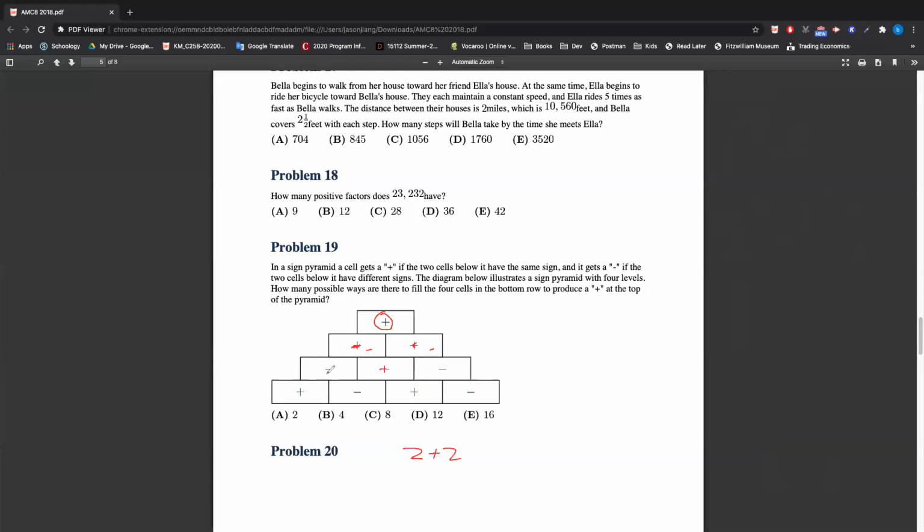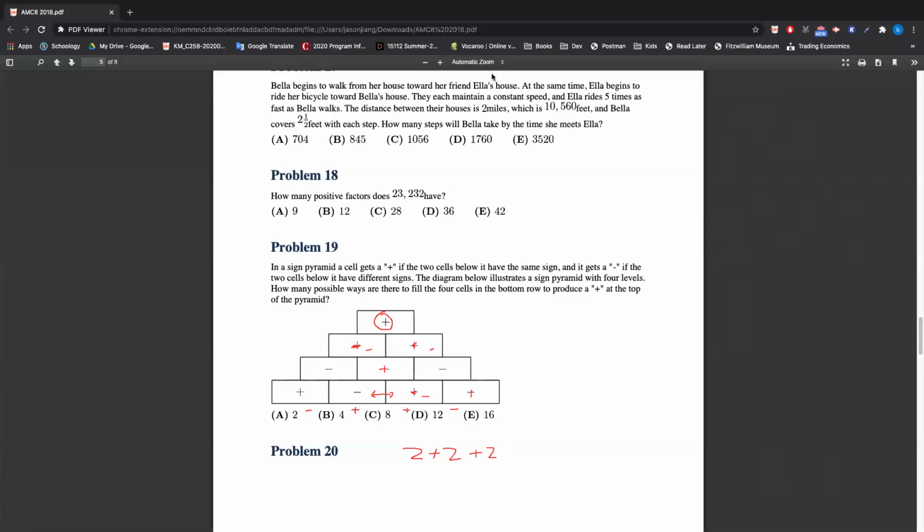This minus means that these two have to be different, but these two have to be the same, and these two have to be different. So we could either have plus minus minus plus, or we could have minus plus plus minus. So that's another two possibilities.